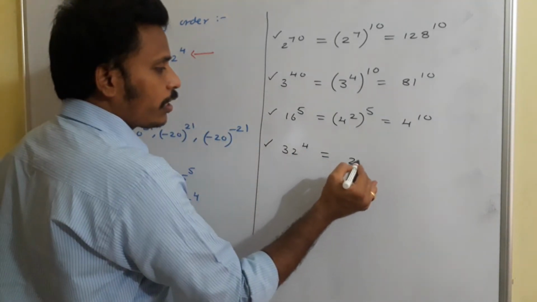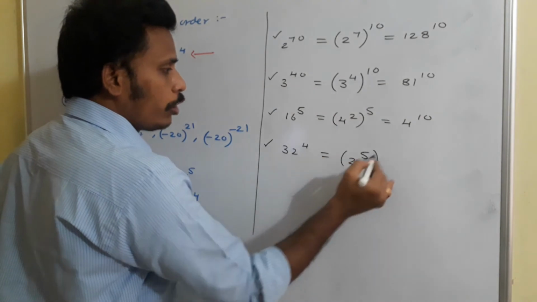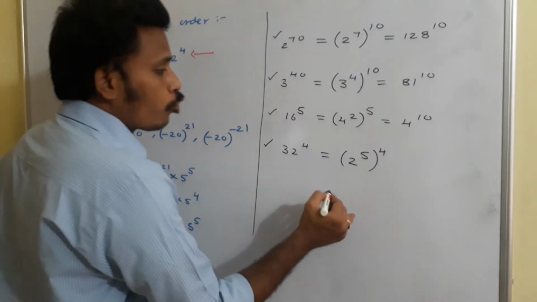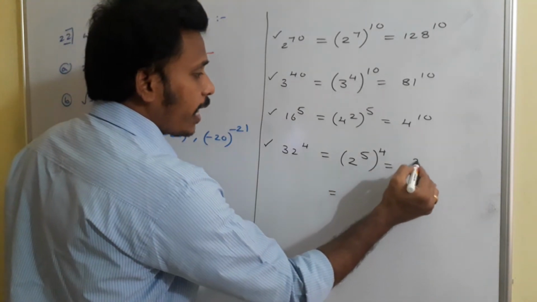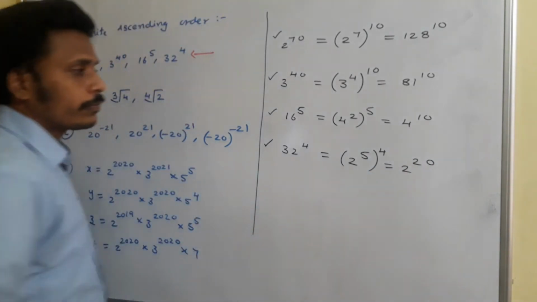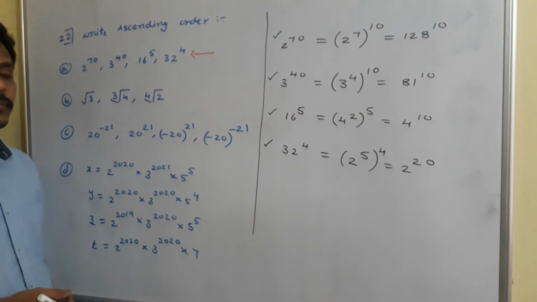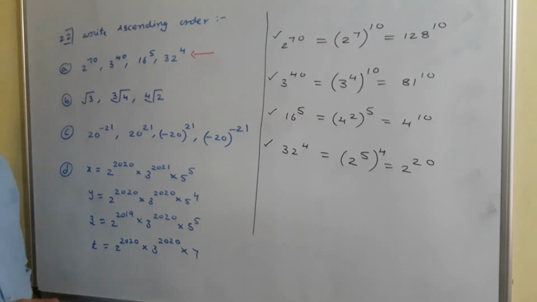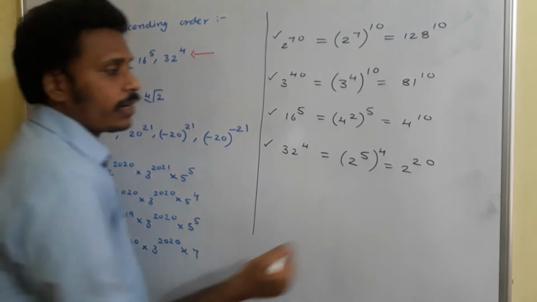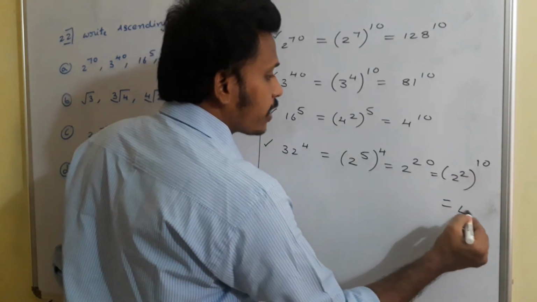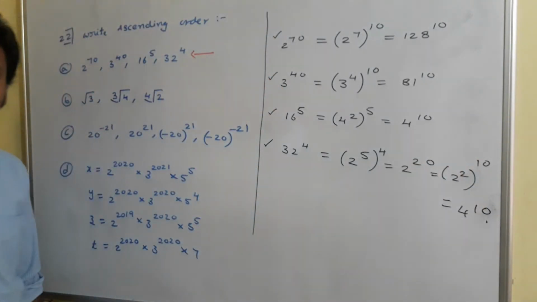Actually 32 is 2 power 5, and 2 power 5 to the power 4 can be written as 2 power 20. But I need power 10, right? So again rewrite it as 2 square, whole power 10. Again you get 4 power 10.